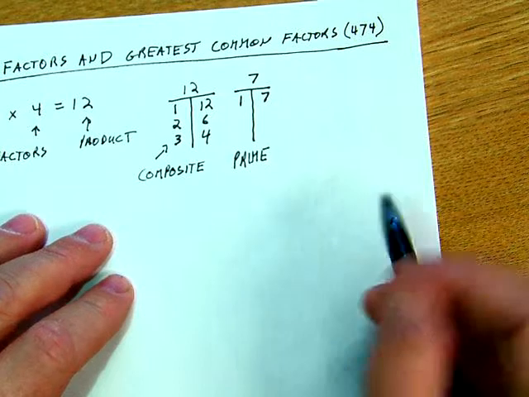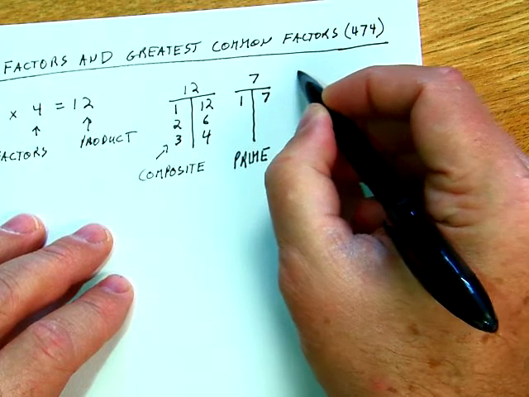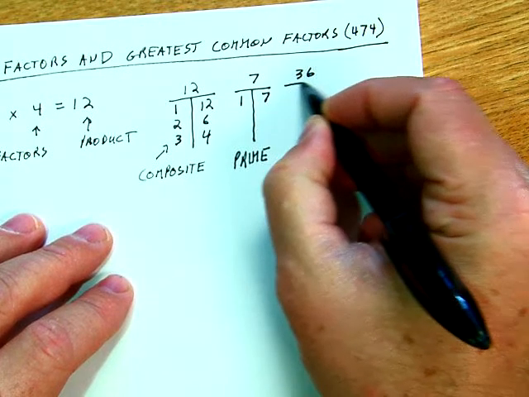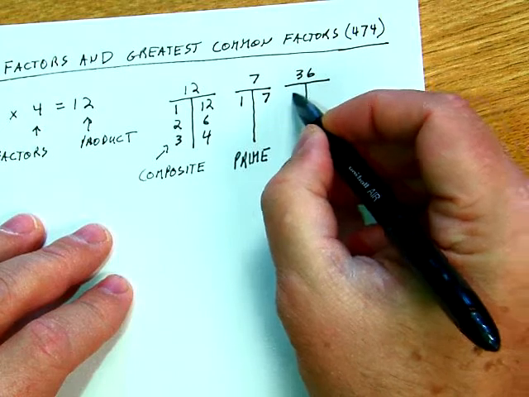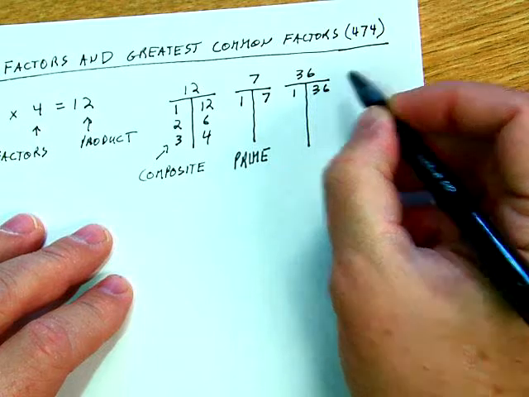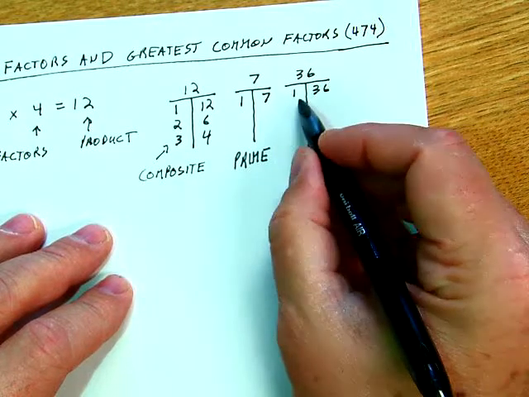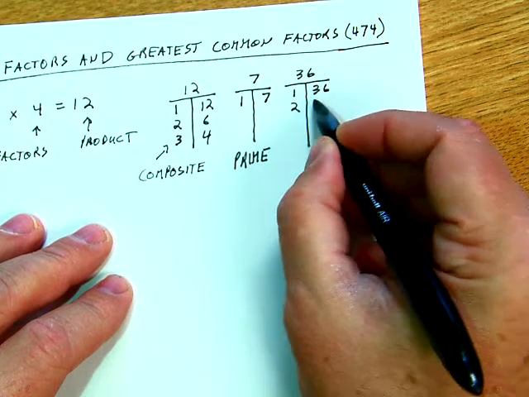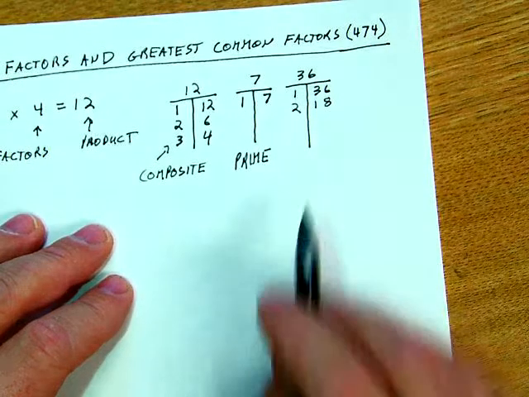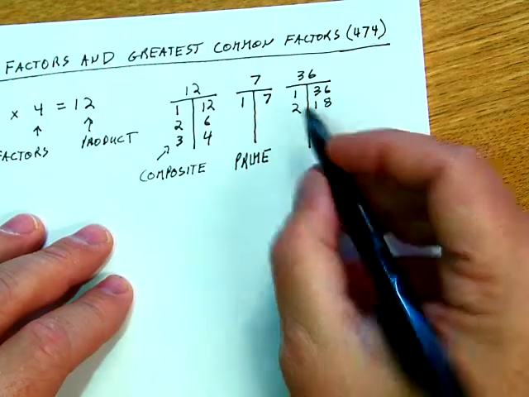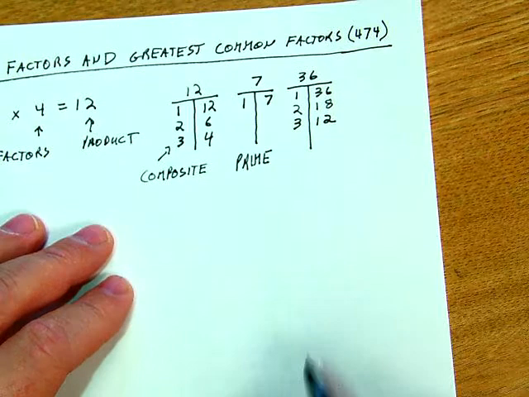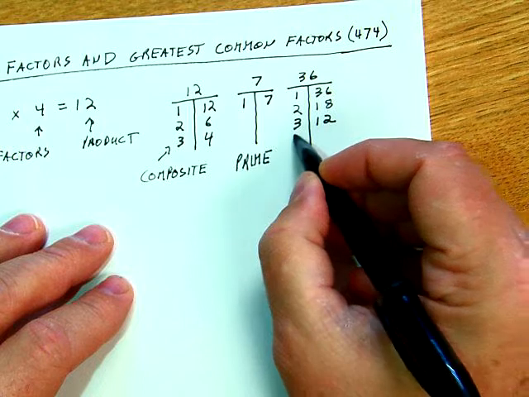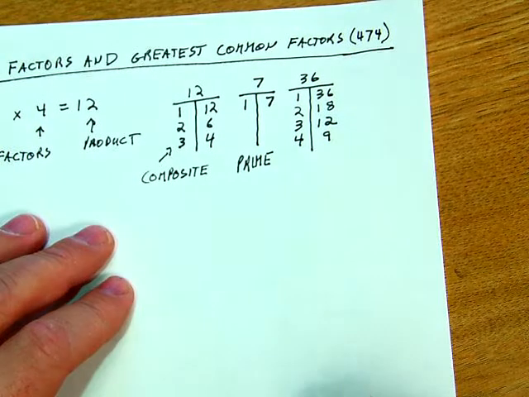Let's say 36. I'm doing my factor table. I'm going to start with 1 and 36. I go up by 1, so I say 2, and I know 2 goes in there. 2 and 18. 2 times 18 equals 36. Does 3 work? I think about it for a while, and I say yes, it does. 3 and 12. How about 4? 4 and 9. How about 5? No. How about 6?